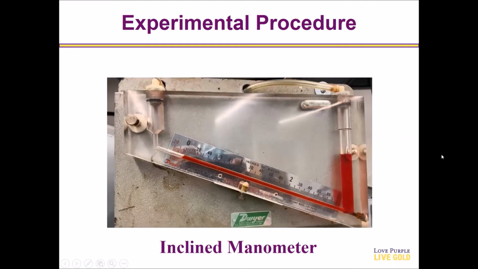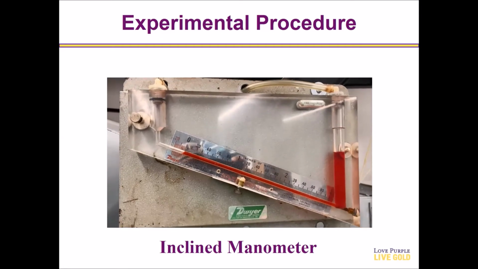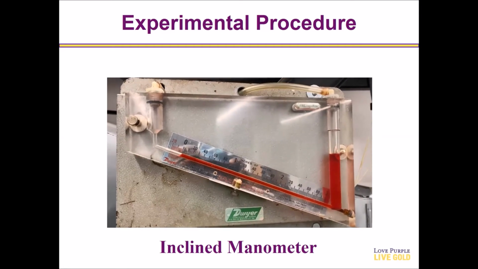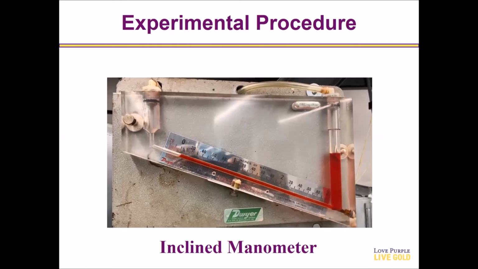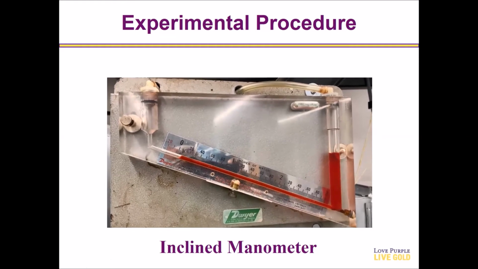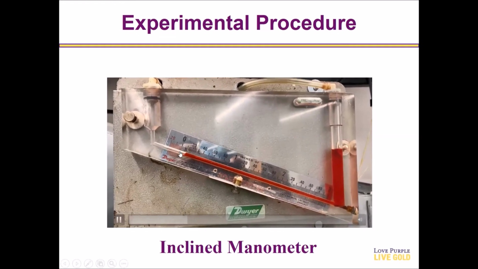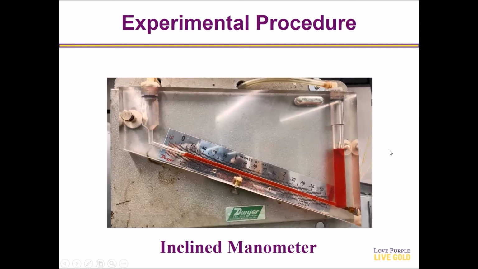So we started the fan, and once the fan is started, the air speed increases with time, which will reflect in the depression in the oil level of the inclined manometer. So you can see there is some change in the inclined manometer reading.